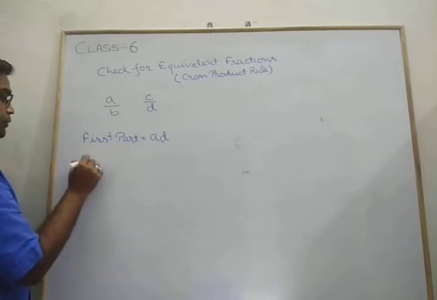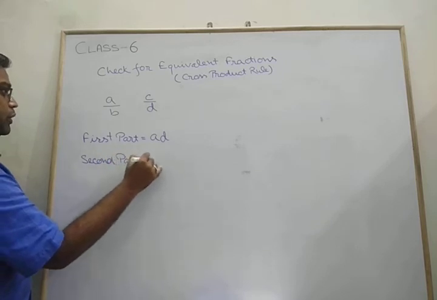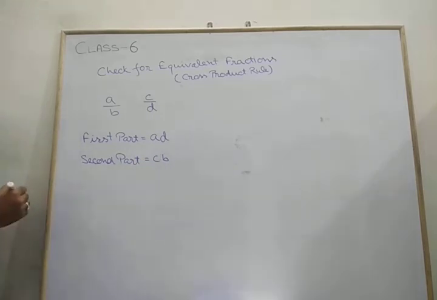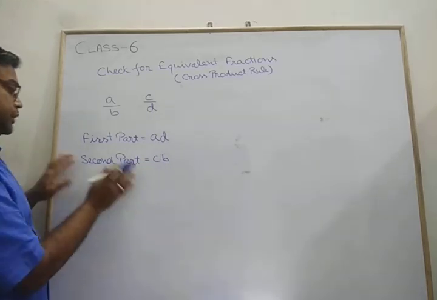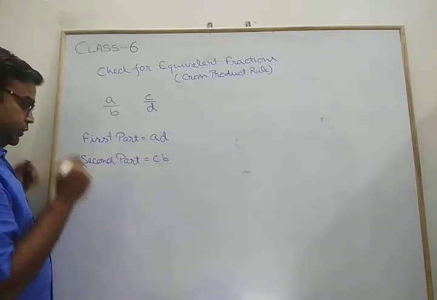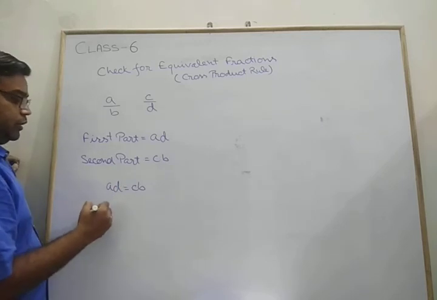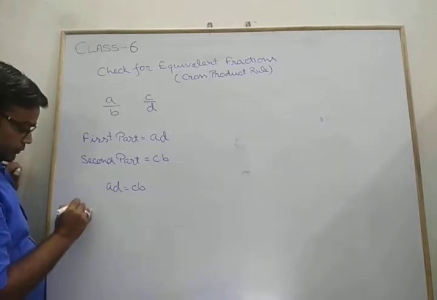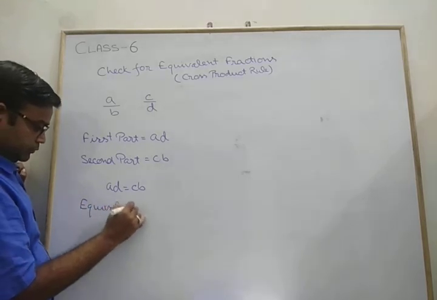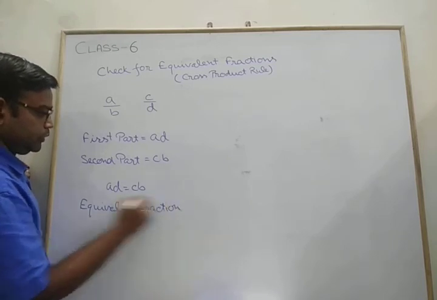The second part is c into b, and this second part represents your second fraction. If these two are equal, a into d equals c into b, then it is an equivalent fraction. Otherwise not.